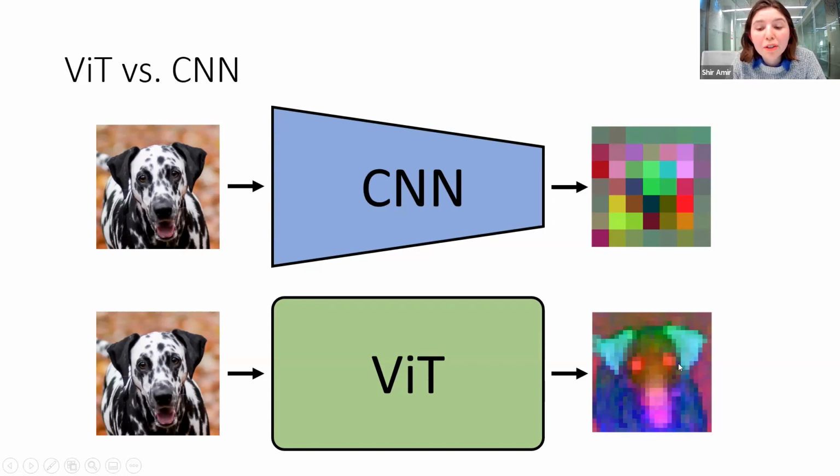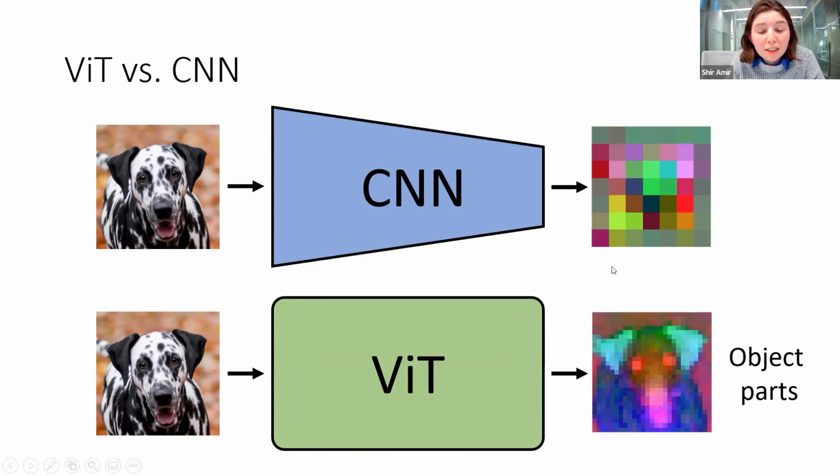So as you can see over here, descriptors that belong to specific parts, such as the ears or the eyes or the mouth, seem more like each other. And this is a very strong property that we later use to do part co-segmentation.